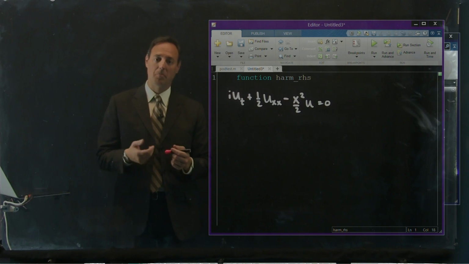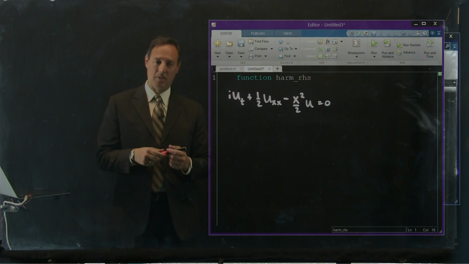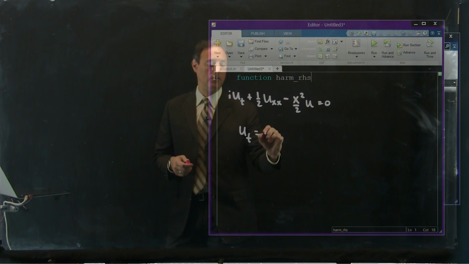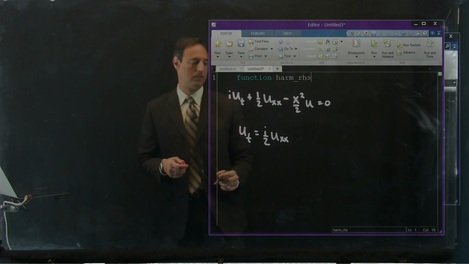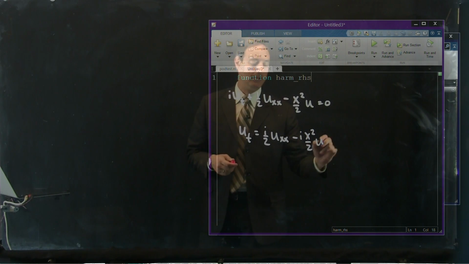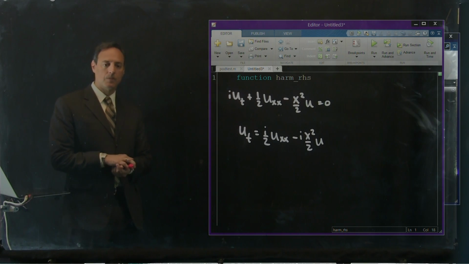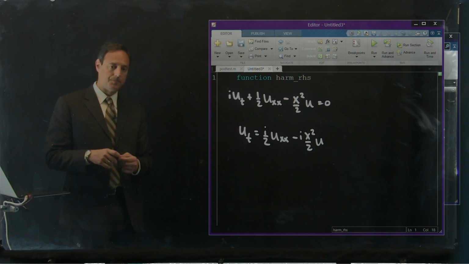If I multiply it by i, I get a minus i squared, which is positive 1. So I get ut is equal to i over 2 uxx minus i x squared over 2 u. So I have the ut where I want it, alone on the left-hand side of the equation.